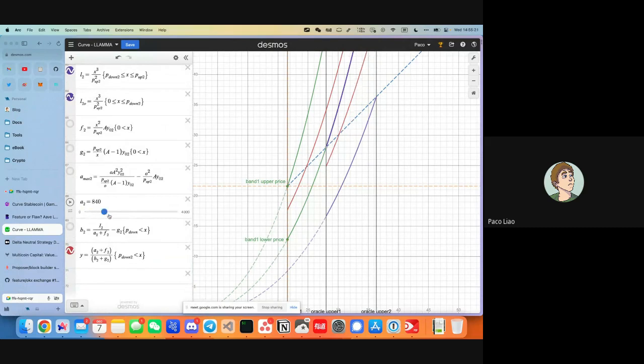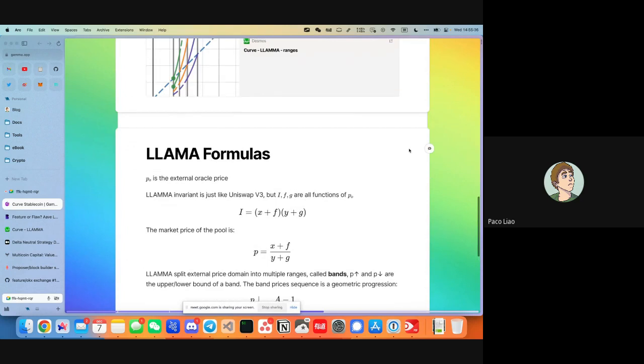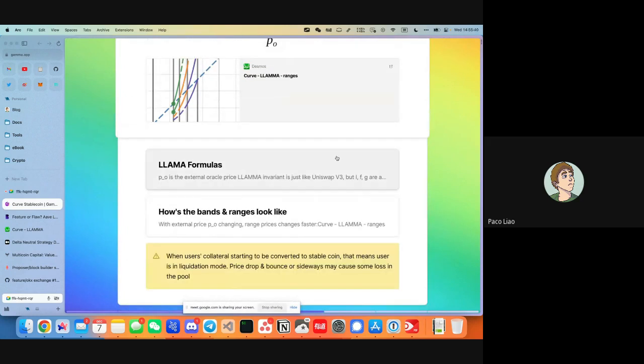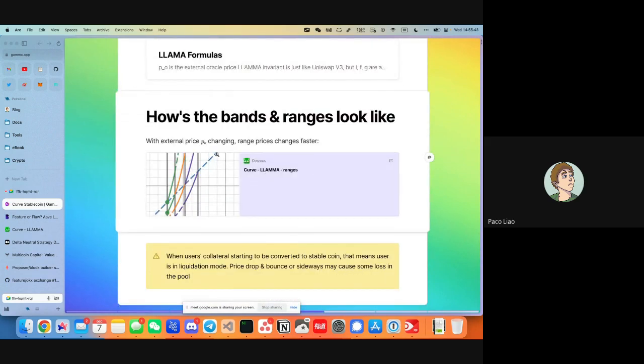This is the market price of the second range. So it's basically the same as the first range. All right, this is how they change their market price and range price to liquidate users' collateral. I just showed this chart.